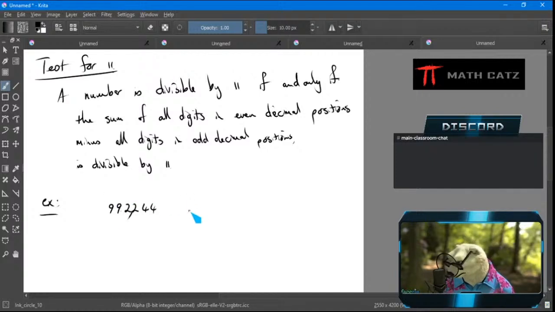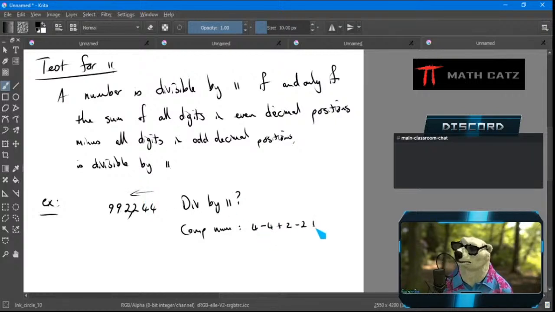It's hard to come up with something that works in my head that is not obvious. So the question is, is it divisible by 11? My comparison number is going to be, starting right to left, 4 minus 4 plus 2 minus 2 plus 9 minus 9. My comparison number is 0.